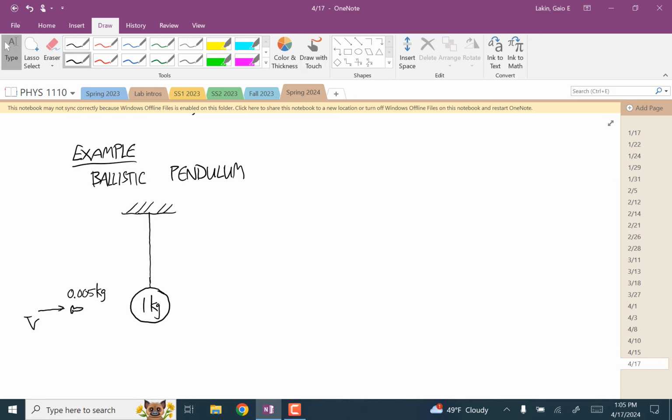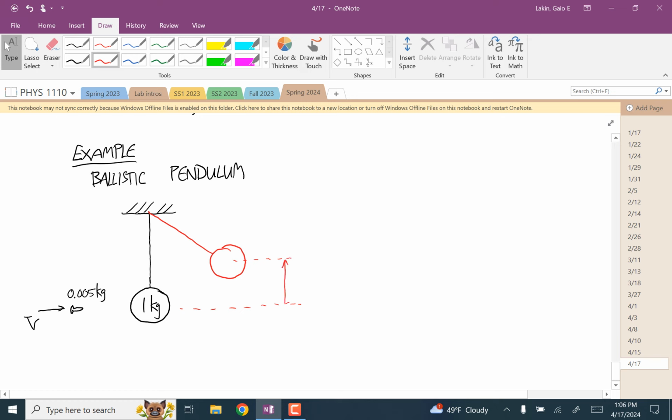Okay. And let's say that after the bullet becomes lodged in the block, this thing swings up to a position like that. And notice this is all easy stuff to do just by eyeballing it.